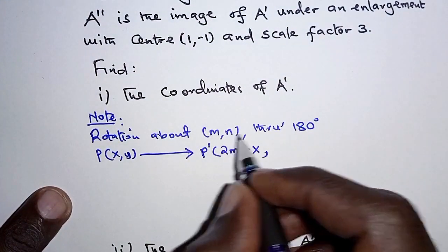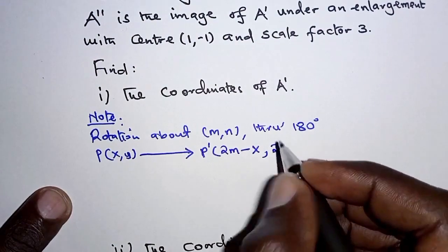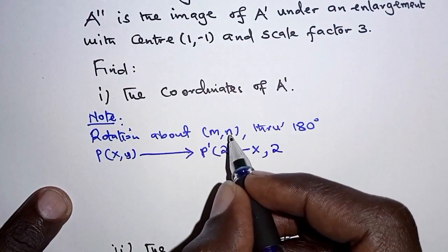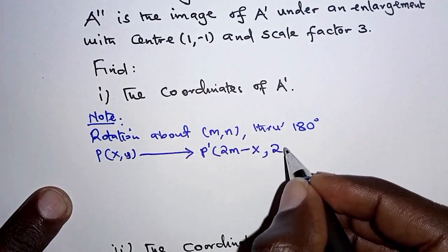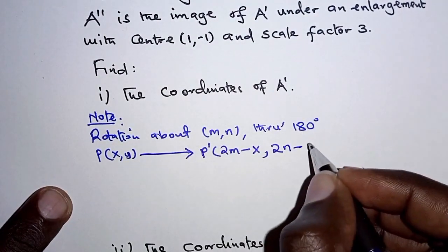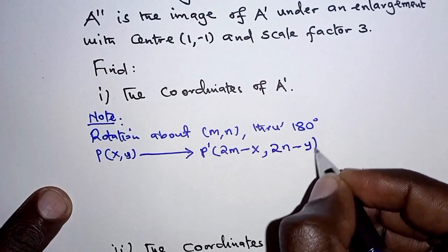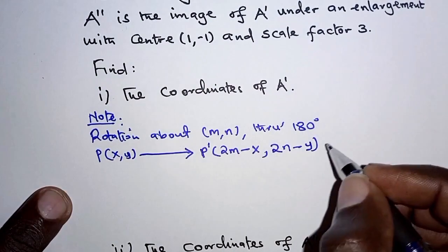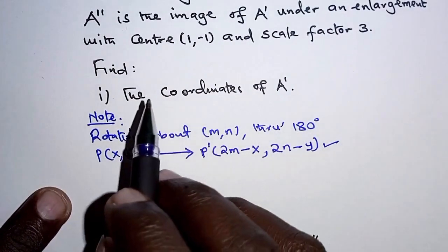For the Y coordinate, we take twice the Y coordinate of the center of rotation, that is twice N, less the Y coordinate of the point being rotated, that is Y. So I want us to apply this to this question.